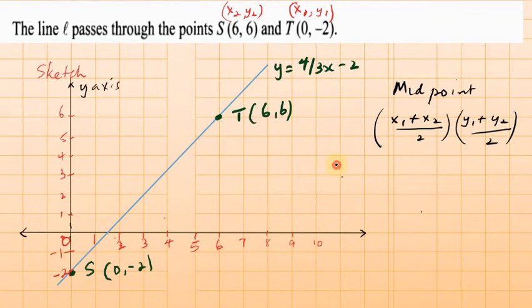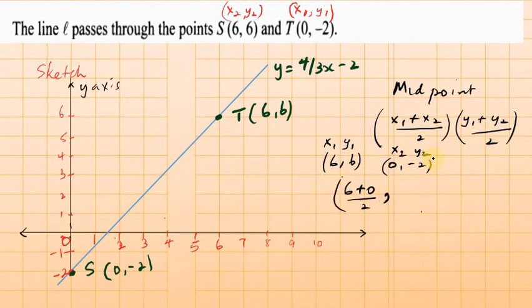T is (6, 6), so this is my x1, y1, and the point (0, -2) will be my x2, y2. So x1 plus x2 is 6 plus 0 over 2, and I put a comma, and I take the y now, y1 which is 6, y2 is -2, so 6 plus -2 over 2.